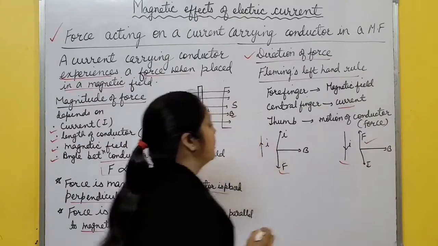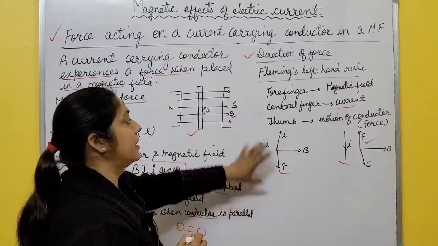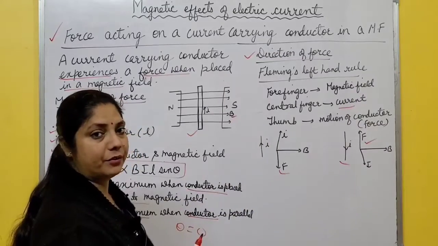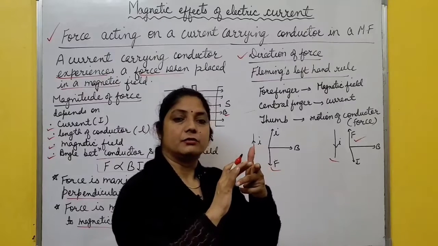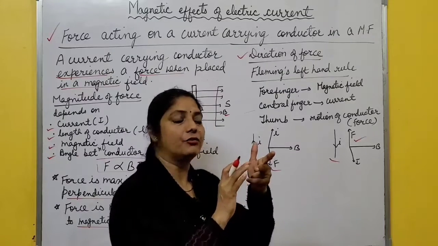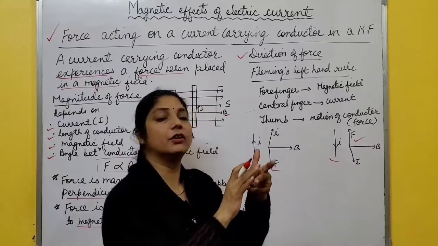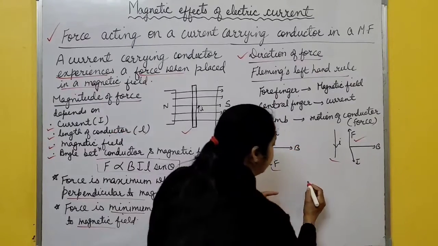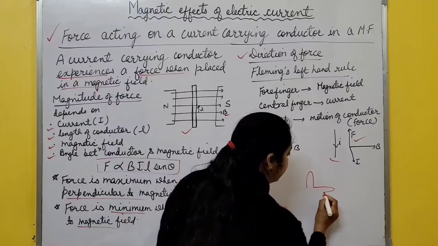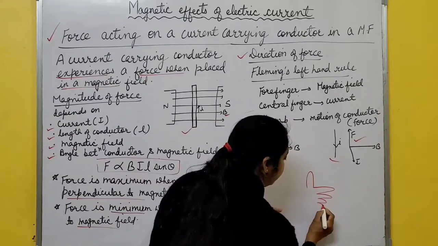So direction of force is given by Fleming's left hand rule. According to that rule, you stretch your thumb, forefinger and central finger of your left hand in such a way that all three are mutually perpendicular to each other. This is your thumb, this is your forefinger, this is your central finger, like this.